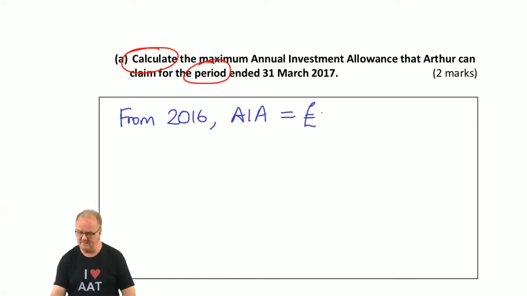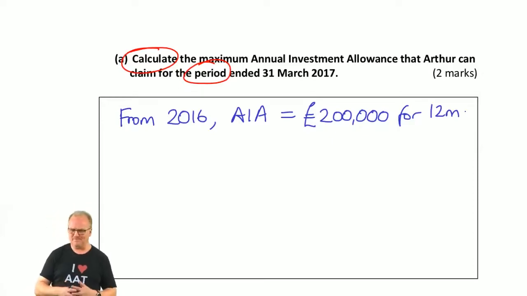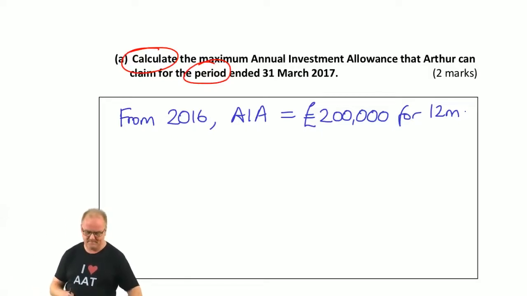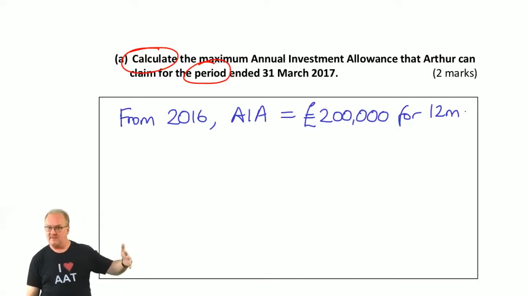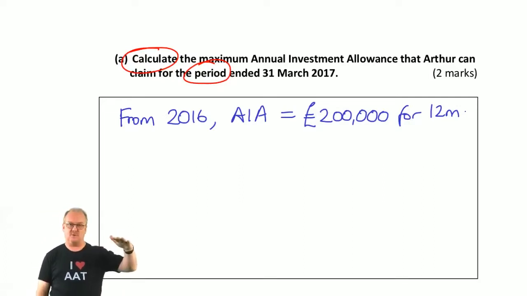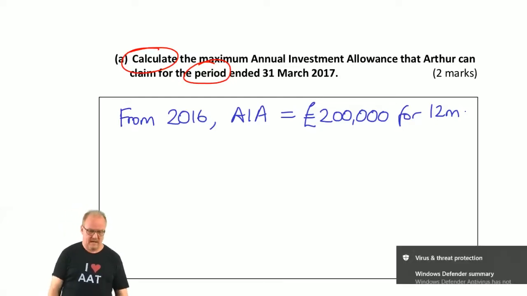The answer is £200,000 for a 12-month period. Which is nice, obviously. Nice big tax deduction. What does this mean? It means if you buy more than 200,000 of assets, anything above 200,000 would be subject to the normal writing down allowances that we'll be doing in the bigger part of this question coming up.